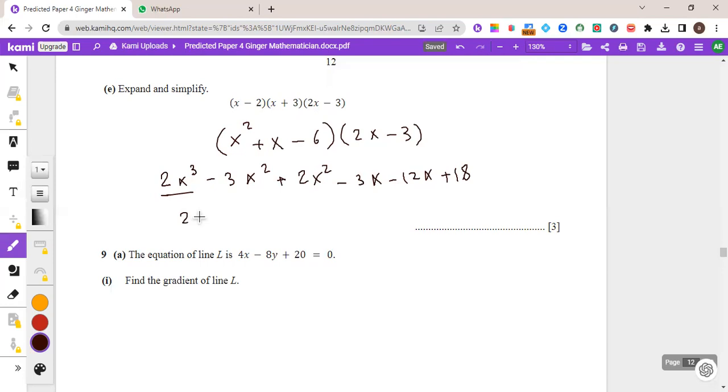It will be 2x cubed negative 3x squared plus 2x squared negative x squared, negative 3x minus 12x negative 15x plus 18. And that is the answer. Safe. Yes.